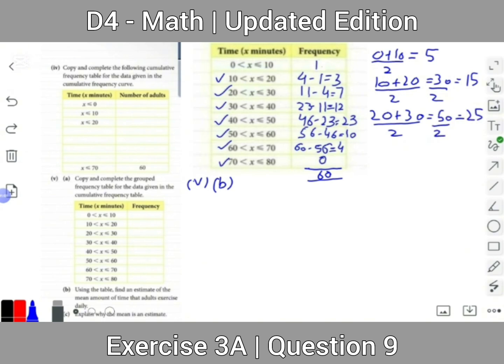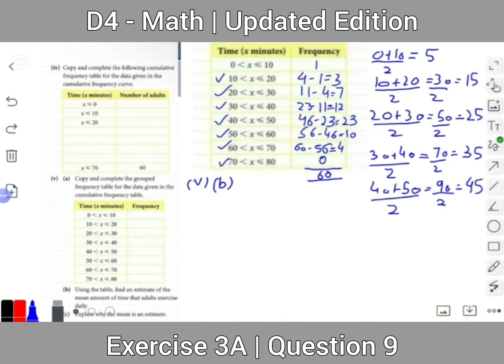For the fourth class interval, we have 30 plus 40 divided by 2, which equals 70 over 2, and it simplifies to 35. For the fifth class interval, we have 40 plus 50 divided by 2, which equals 90 over 2, simplified to 45.